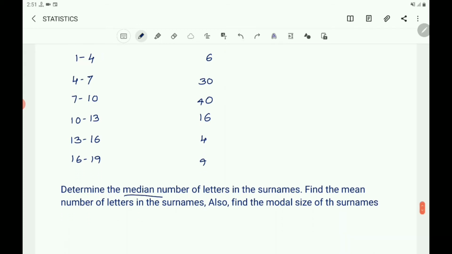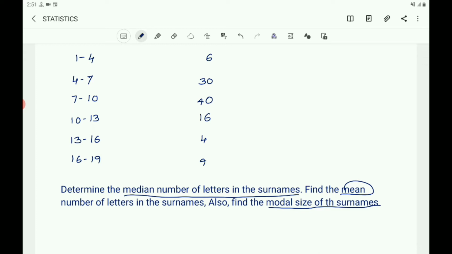Determine the median number of letters in the surnames, and also find the mean number of letters in the surnames, and also find the modal size of the surname. Here we have to find mean, median and mode.